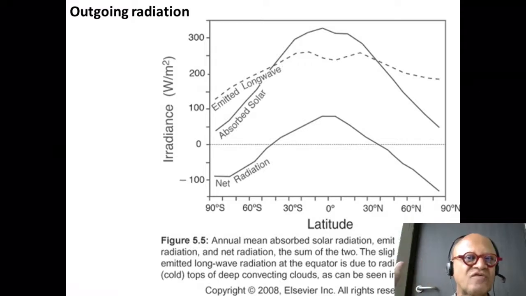Remember sigma T to the fourth, right? So T is cooler in the deep tropics compared to off the tropics. As you go to higher latitudes, temperatures keep getting colder, and there is again this asymmetry of the southern hemisphere versus the northern hemisphere, considering the land and the ocean, Antarctica, the Arctic, etc.